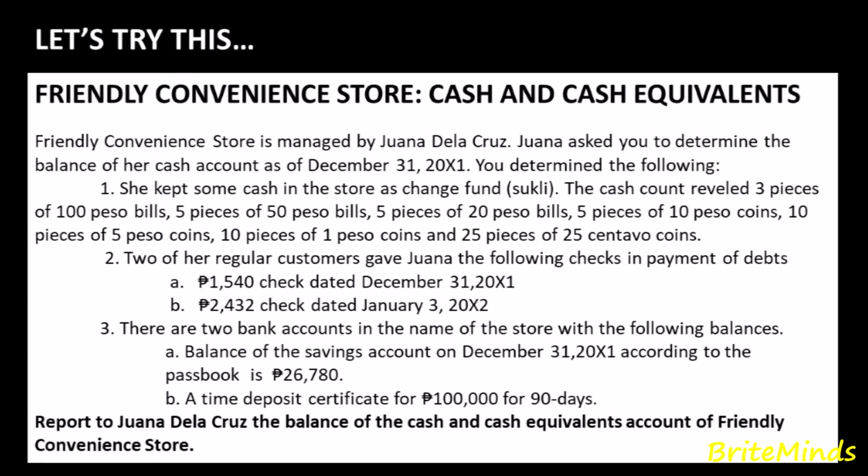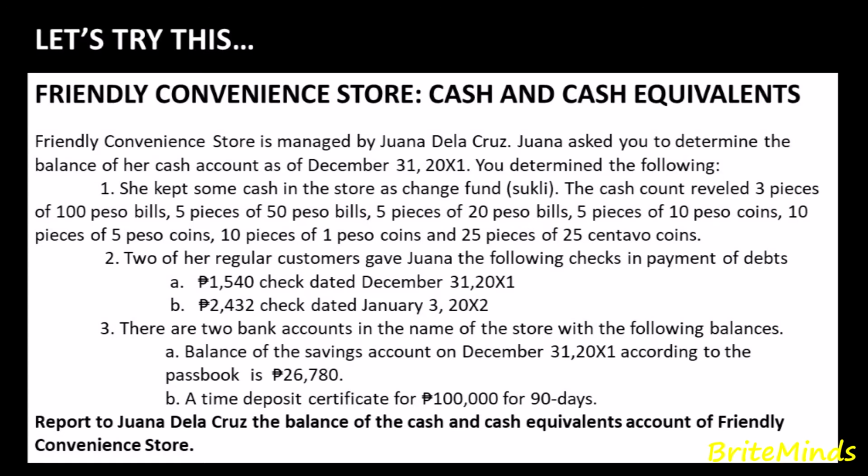The cash count revealed 3 pieces of 100 peso bills, 5 pieces of 50 peso bills, 5 pieces of 20 peso bills, 5 pieces of 10 peso coins, 10 pieces of 5 peso coins, 10 pieces of 1 peso coins, and 25 pieces of 25 centavo coins.